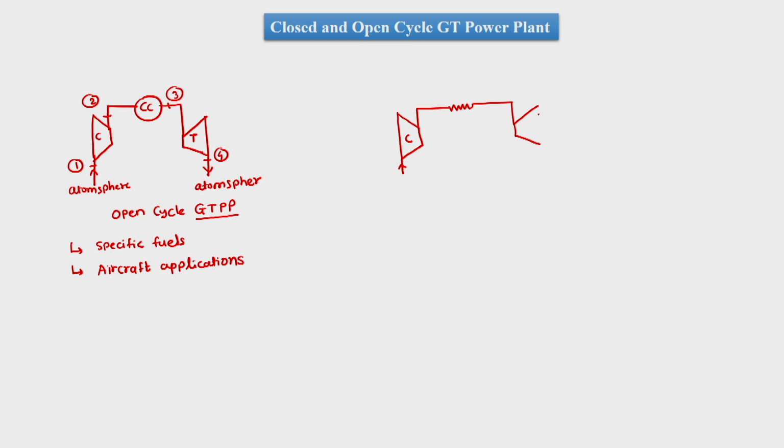Then we have the turbine, and the turbine exhaust is passed into a heat exchanger that cools down the gas, and then the same gas is transferred to the compressor. So there is a separate arrangement which gives a heating process, and a separate arrangement which gives a cooling process. So this is a heater and this is a pre-cooler.